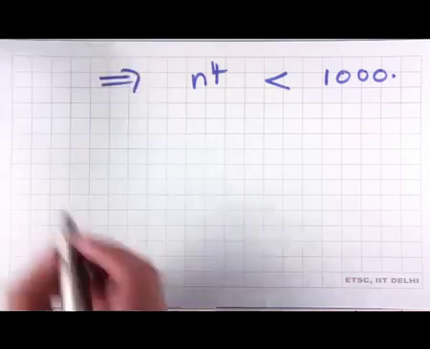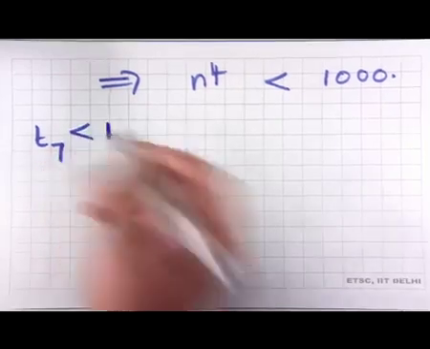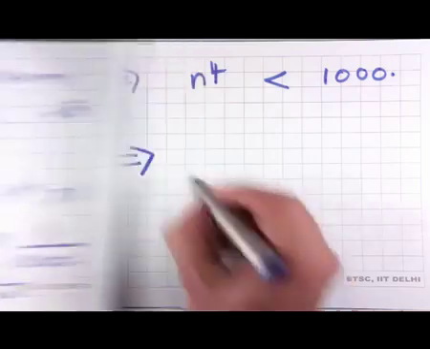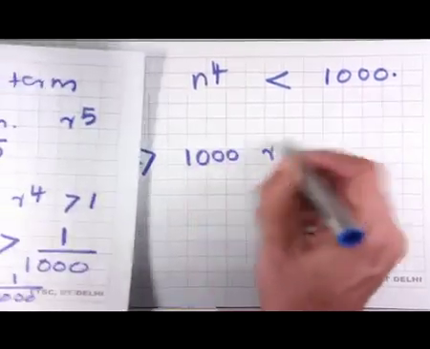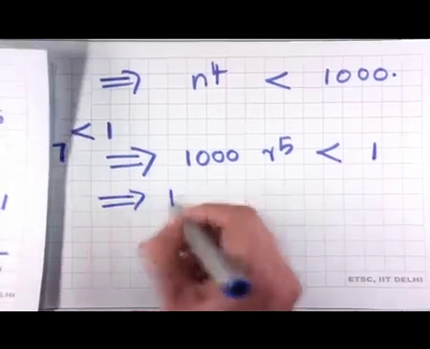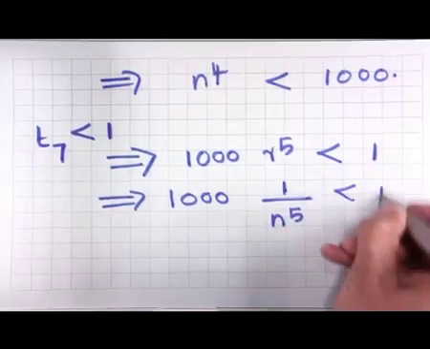Using the second piece of information, namely T7 is less than 1, we get 1000 R power 5 is less than 1. That implies 1000 times 1 by n power 5 is less than 1.